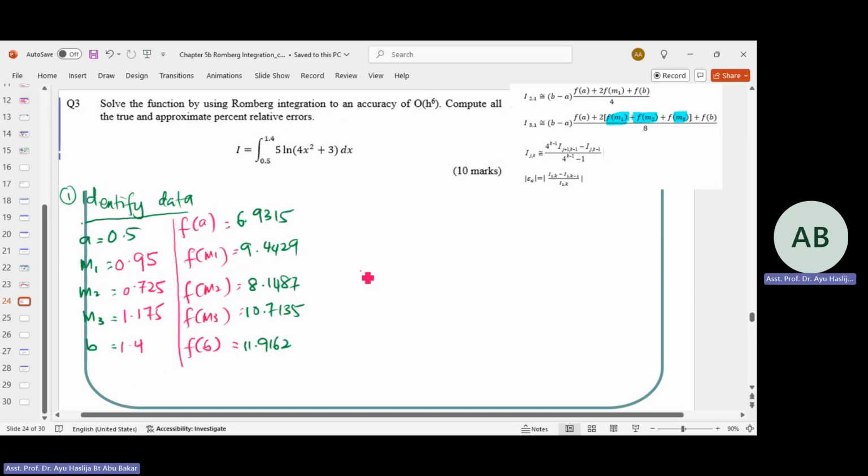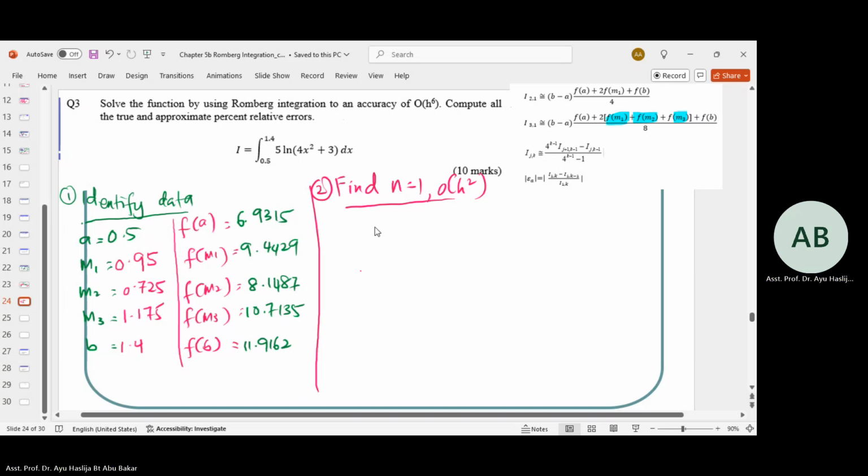Okay, next step is to sub into the equation. Find O level 1, which is OH2. So O level 1 OH2, it is I11.